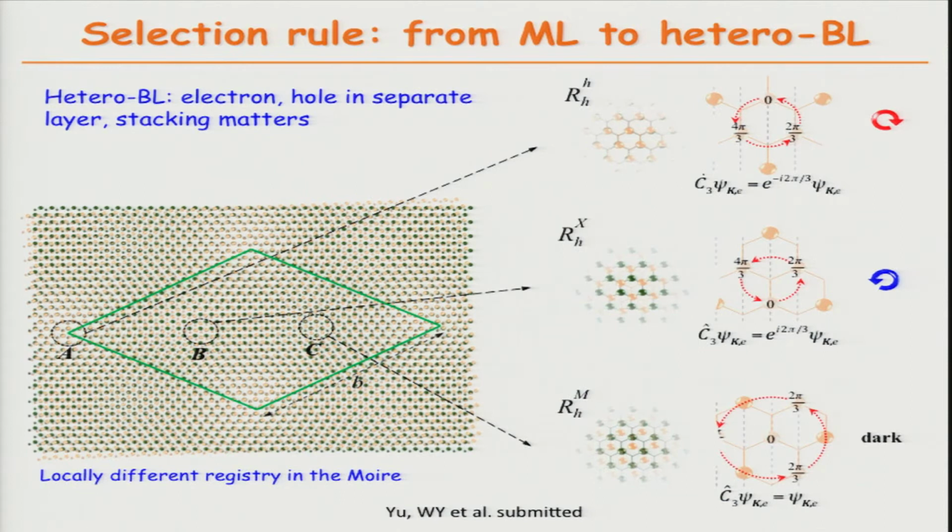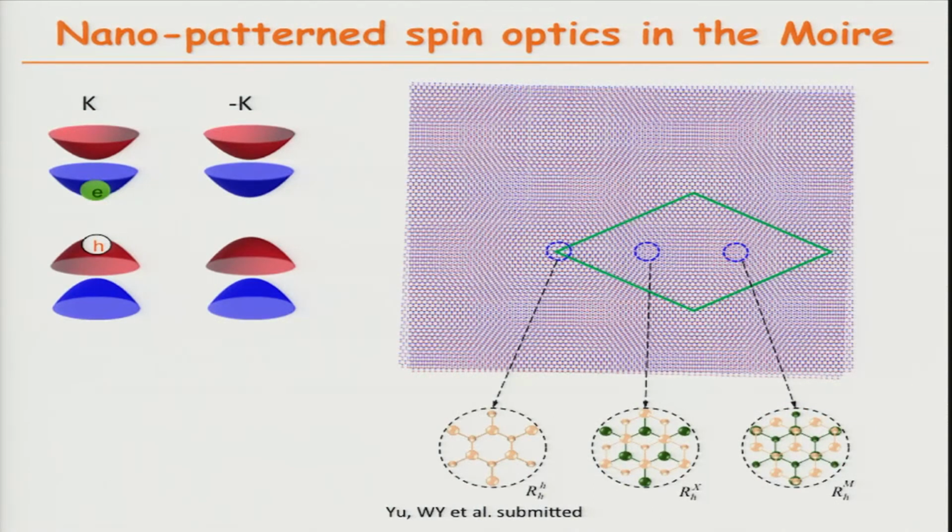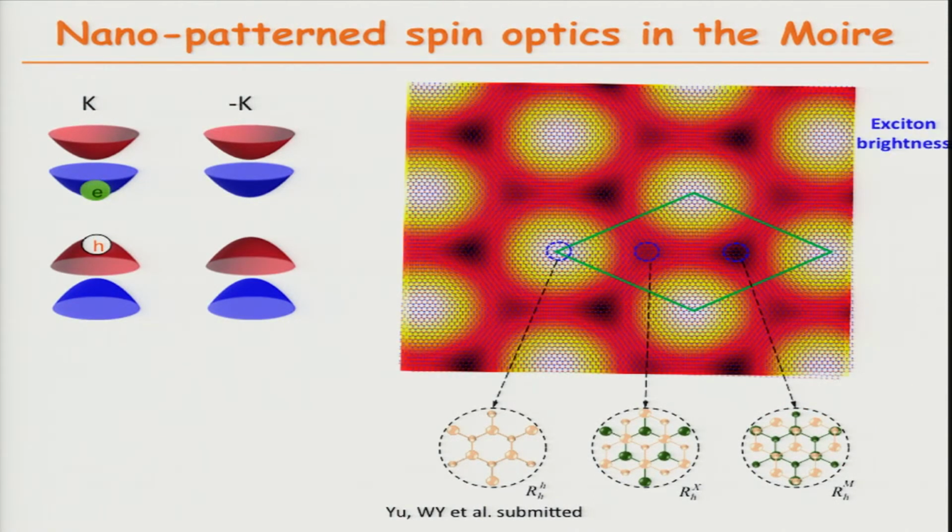And this symmetry analysis implies that the optical properties of the exciton would vary spatially because of this atomic registry variation. So this is the picture we will have for the exciton-light coupling in the Moiré pattern. This is the brightness of the exciton.